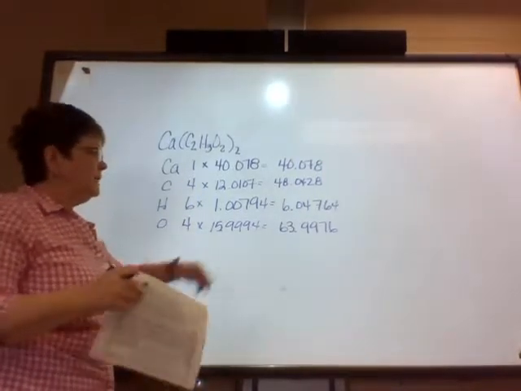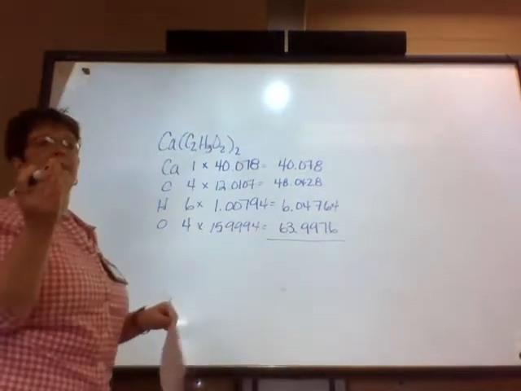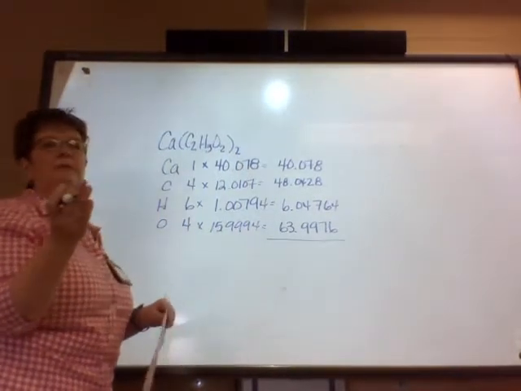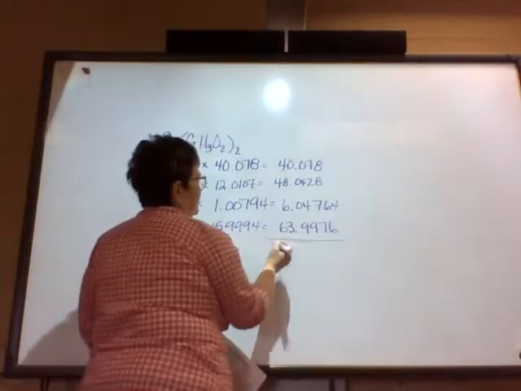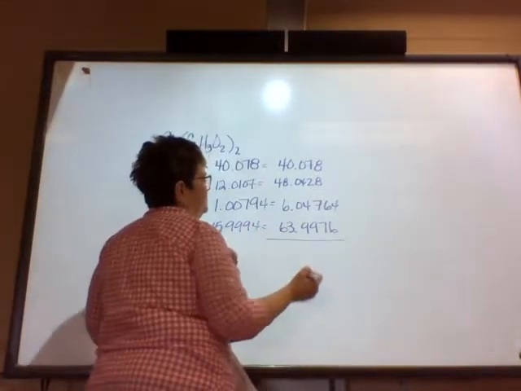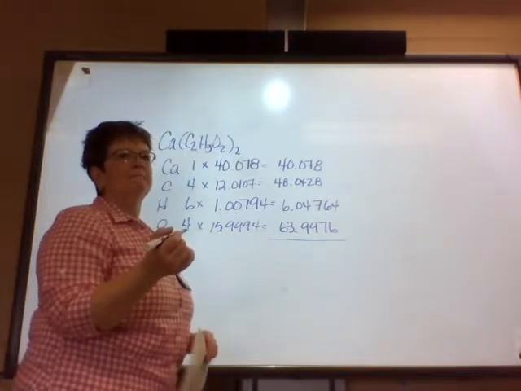Now, everybody understands this. What do we do here? To find the molar mass, or the molecular mass of this, what do we do? Add them together. Don't make me do this in my head. Can someone do that, and have somebody else double check it, please?